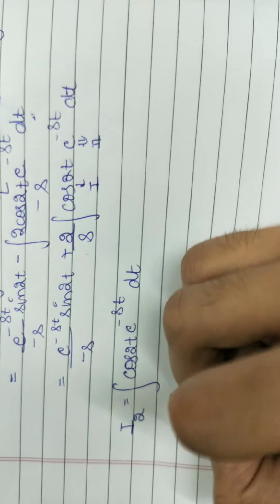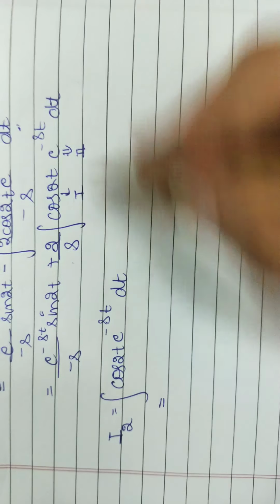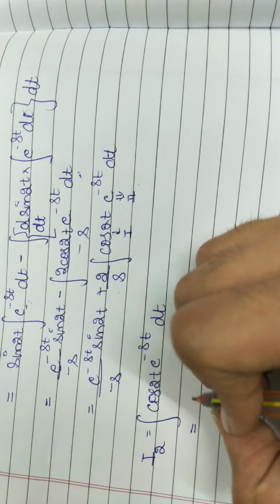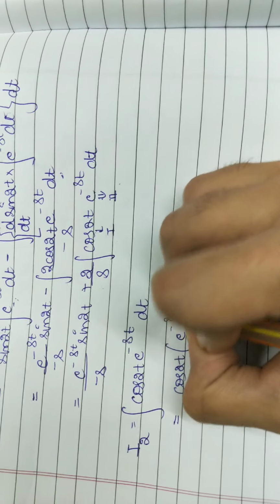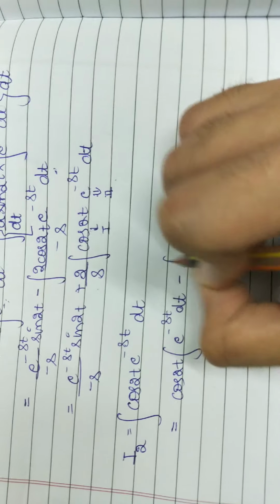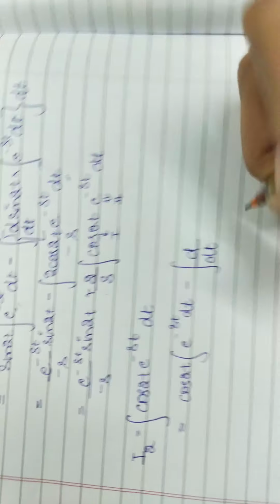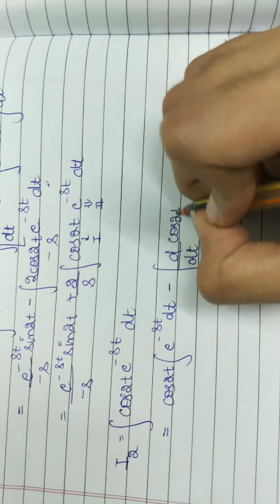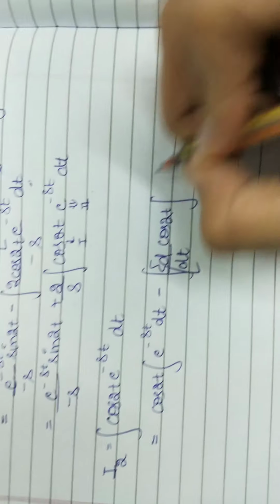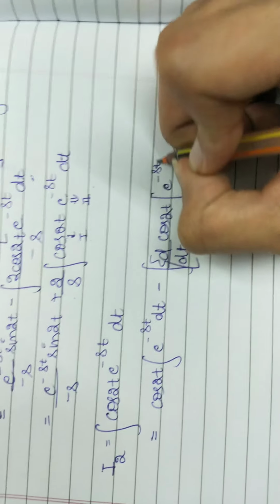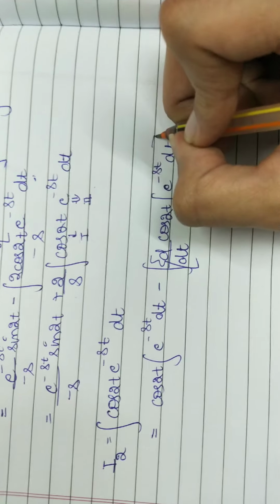So let's solve it using integration by parts and cos 2t as first function and e raised to power minus st as my second function. So first function as it is for the first term, multiplied by the integral of the second, minus the derivative of the first function cos 2t, and multiplied by the integral of the second function dt and this whole dt.